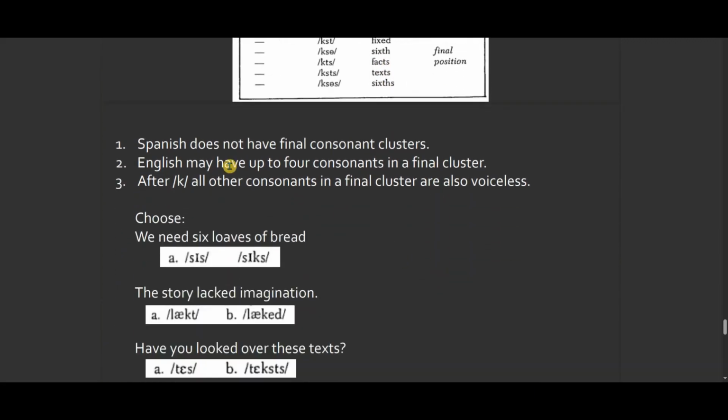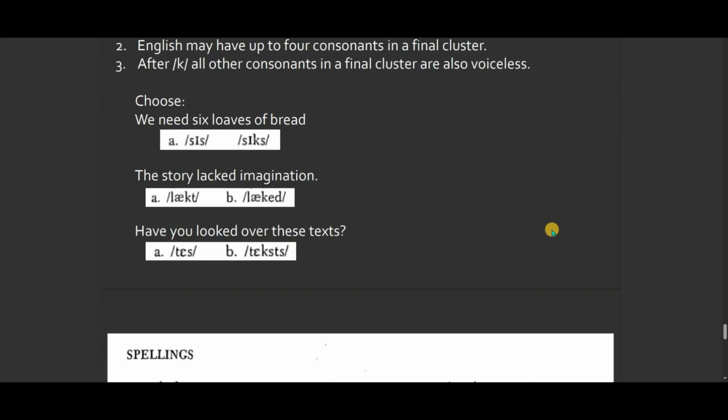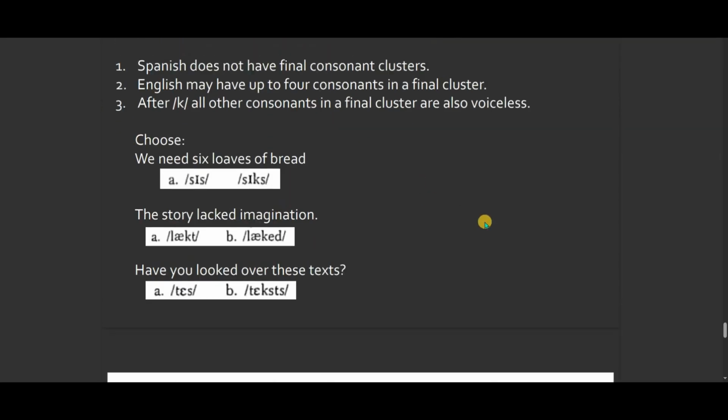Knowing this, we can tell that Spanish does not have final consonant clusters. Number two, English may have up to 4 consonants in final clusters. Number three, after the K sound, all other consonants in final clusters are also voiceless. We can practice by answering the following. Which phoneme do you think is the correct one?